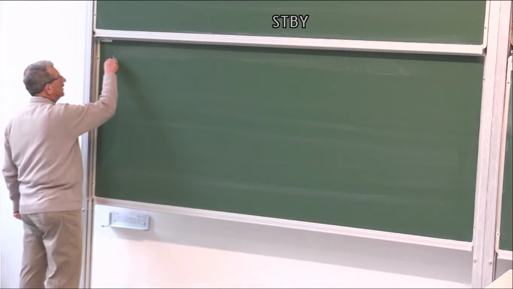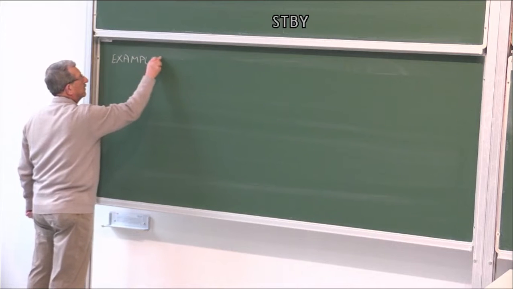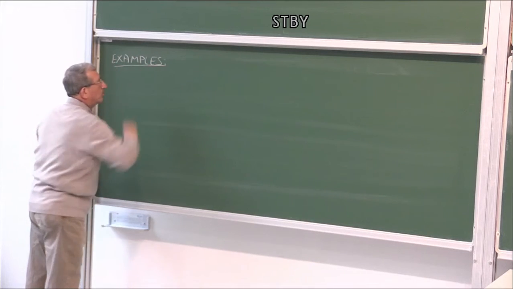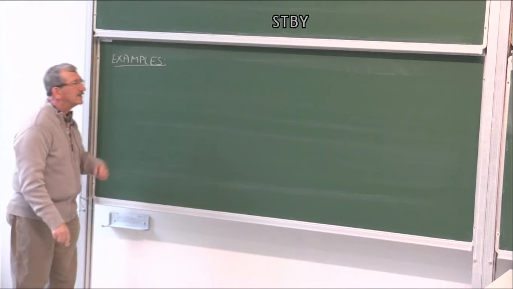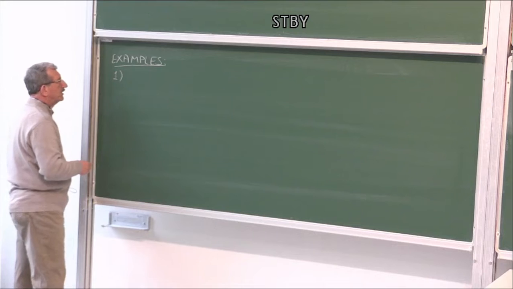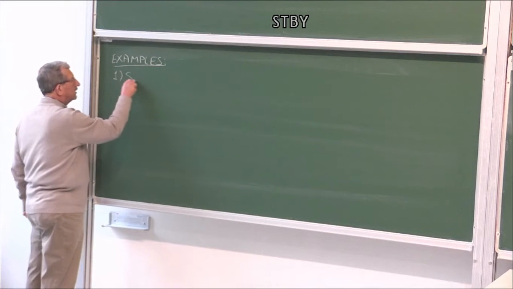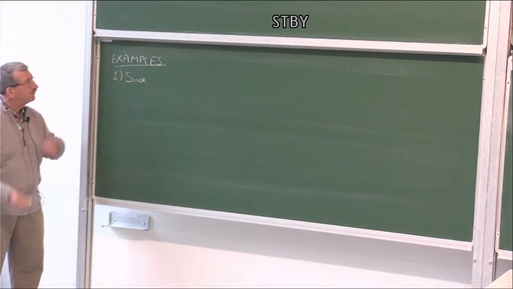Let us see some examples of planes. Certainly, we will be using geometry quite a lot, our common sense in 3D space as well. Well, as a first example, let us consider the xy plane in space.